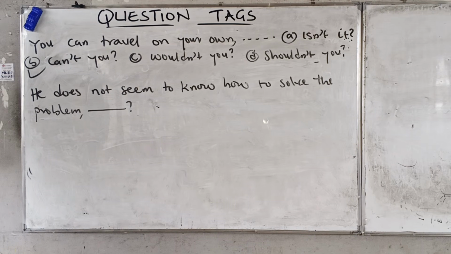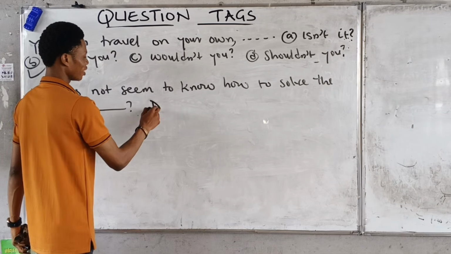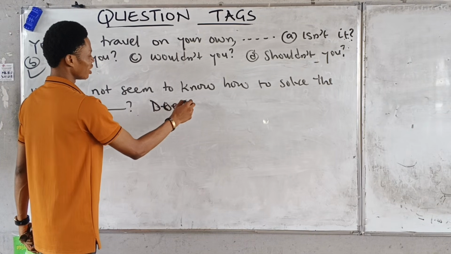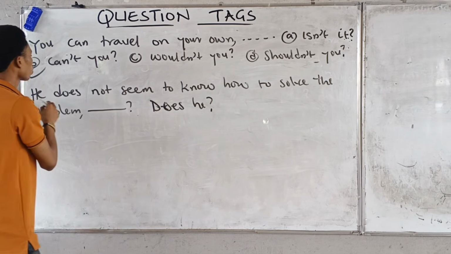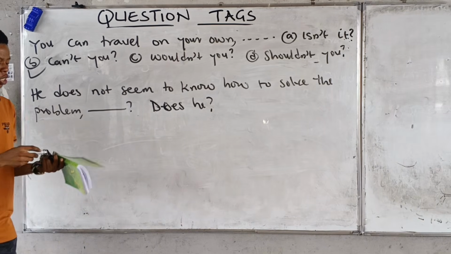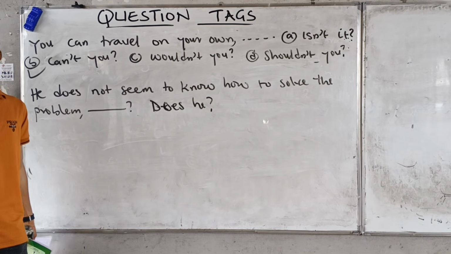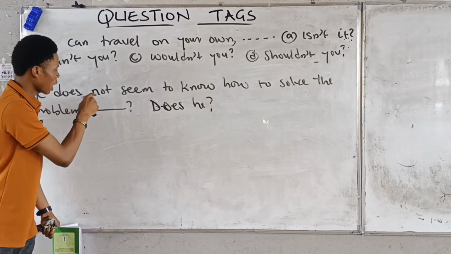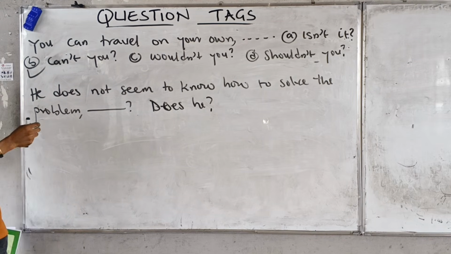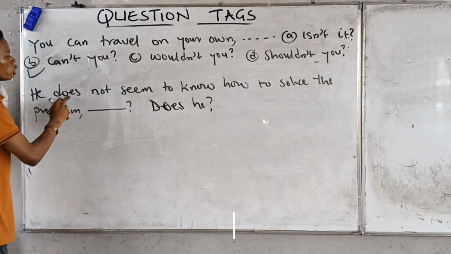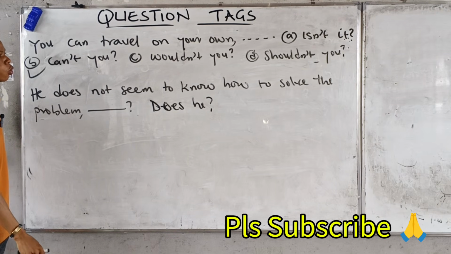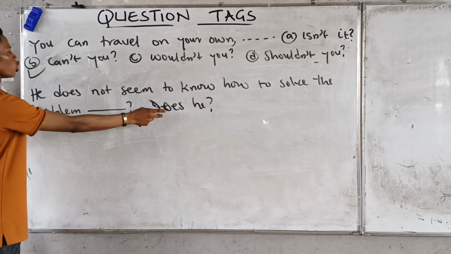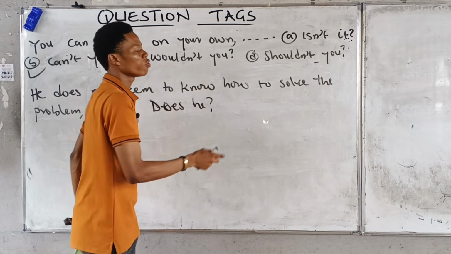Does he know? If you apply this thing I'm saying, you always get the answer. Start from what you think is the answer and add it to the question. He does not seem to know how to solve the problem. Does he seem to know how to solve the problem?